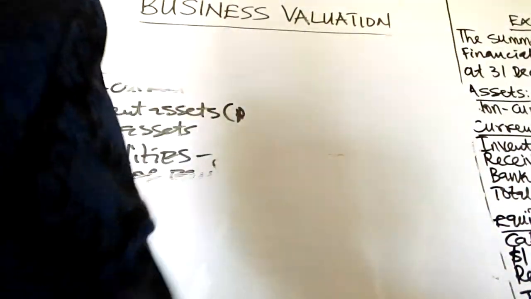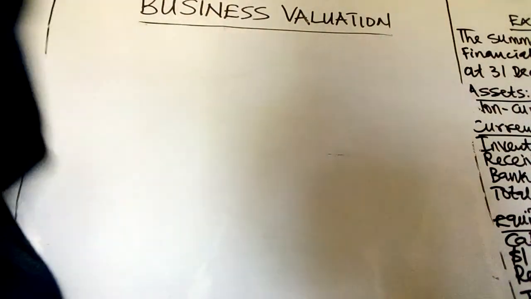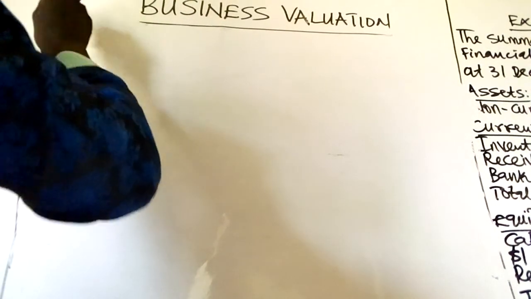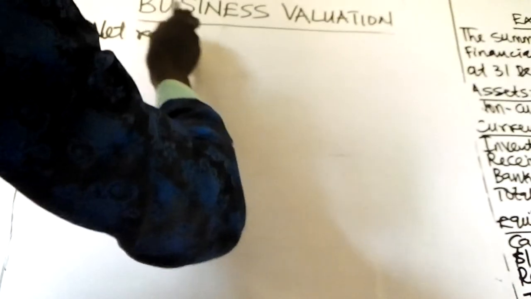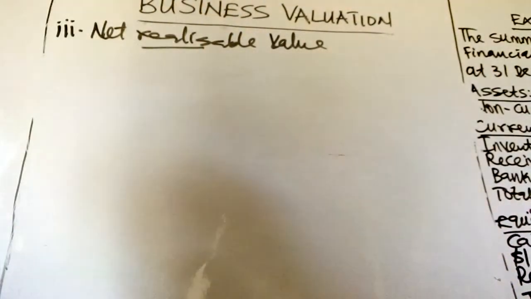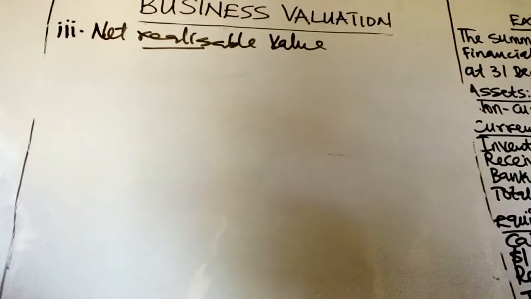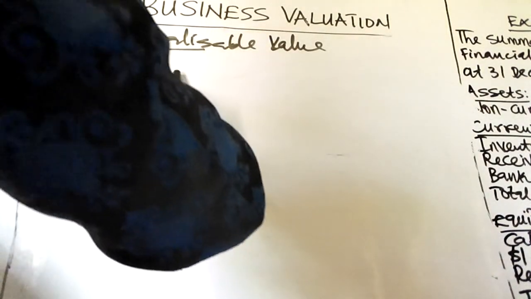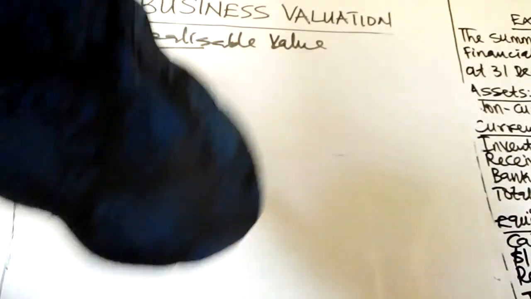The third method I'm going to consider is net realizable value. The word realize means to sell. Under this method, the market estimate of the asset should be used in determining the value of the business.